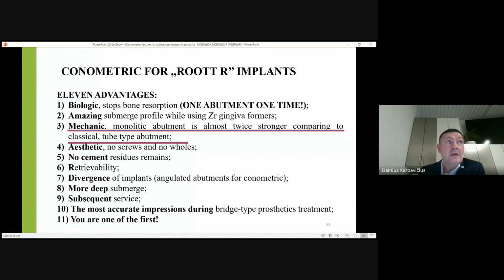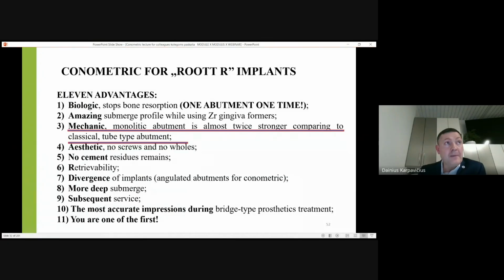And here, talking about our system, we understood that we have to be much more resistant with implants, because a fracture of the abutment might appear, but we can change it, or we can switch to monolithic abutments, which are much more powerful compared to a regular two-piece tube type T-base abutment.